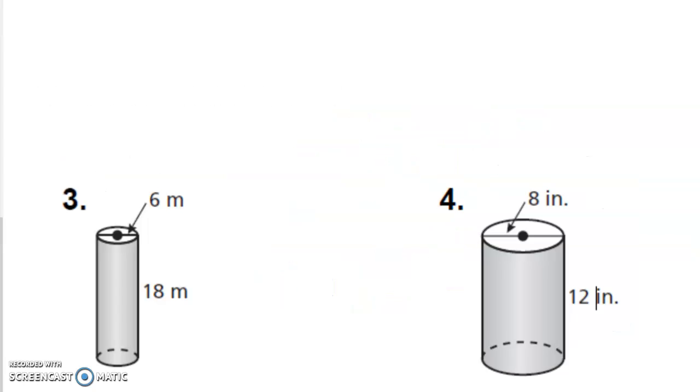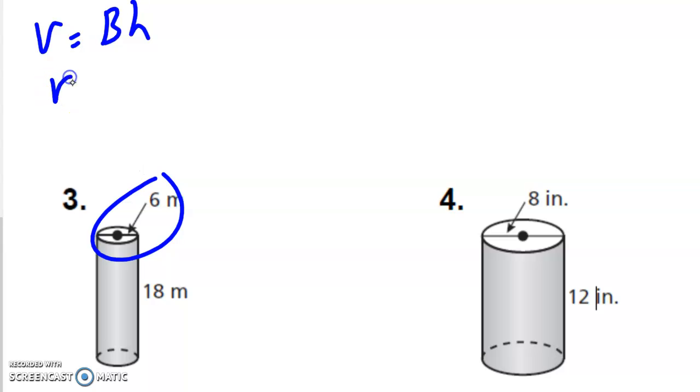Okay, let's go ahead and look at one more that's just a little different. With this one, still a cylinder, same formula. So I still have the volume, area of the base times the height, but you notice on this one, they're giving us a diameter. So the first thing I have to do is cut that diameter in half, which is 3. So 3 squared, multiplied by 3.14 for pi, and then multiplied by 18.